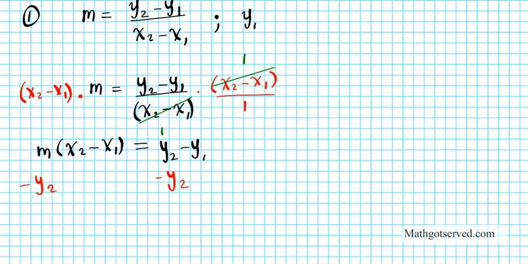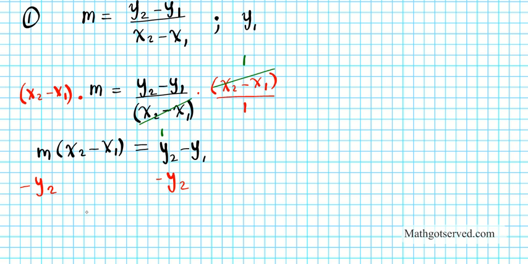So that will give me m times x2 minus x1, minus y2 equals negative y1. All right?